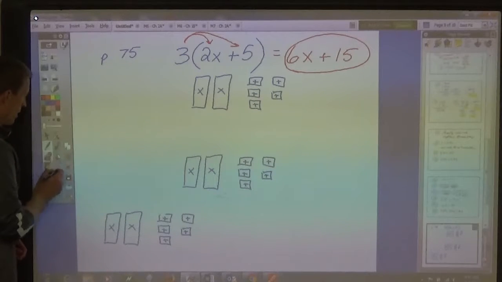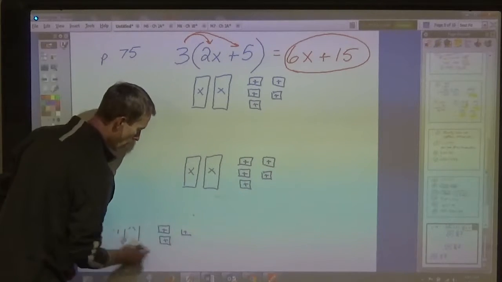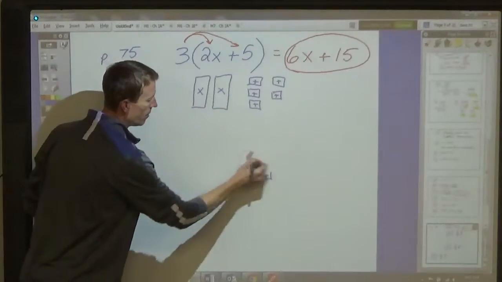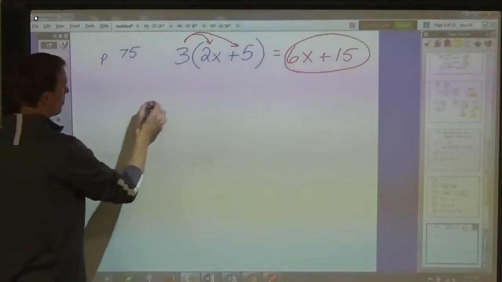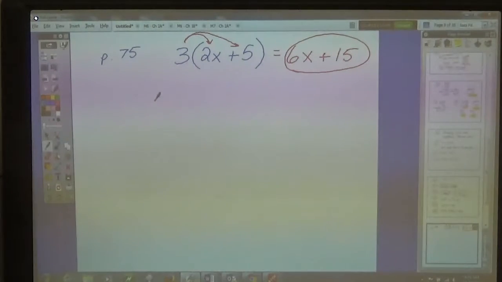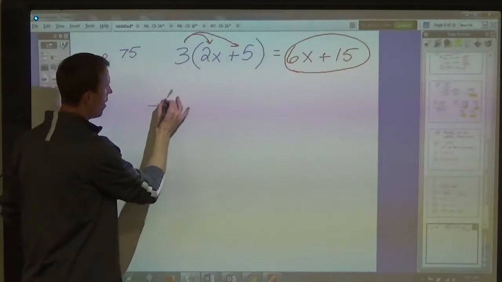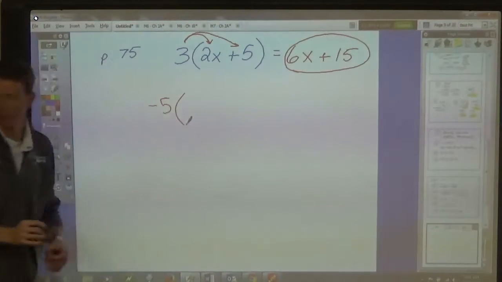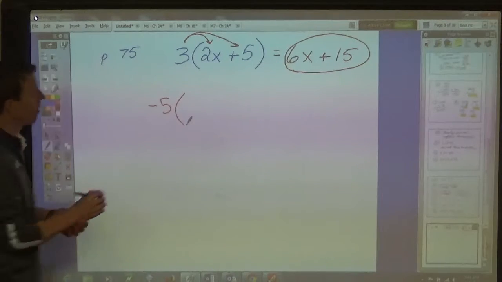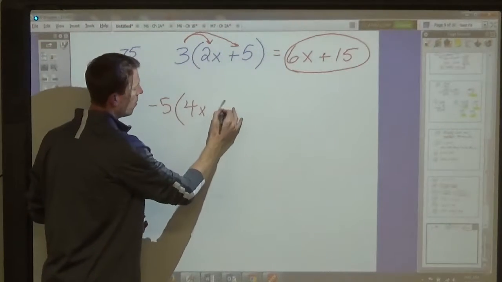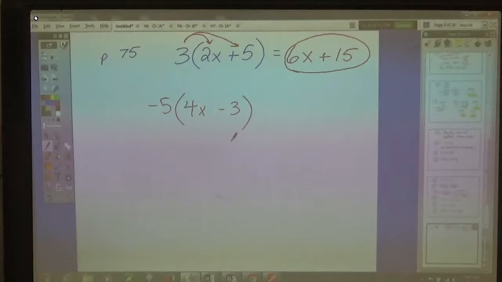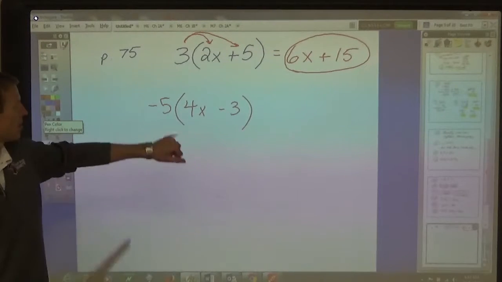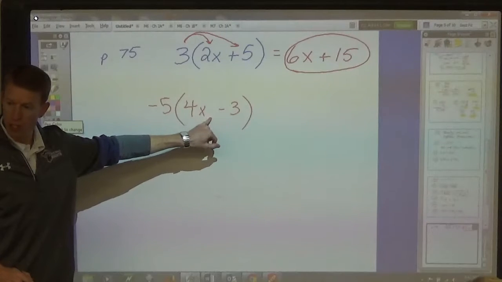Here's another example in just using numbers though, without the models. Look at example 5. In example 5, we're starting with a -5 outside the parentheses. -5 times 4x minus 3. Okay? Now, here's something that you have to do with the minus sign that we did with subtraction.